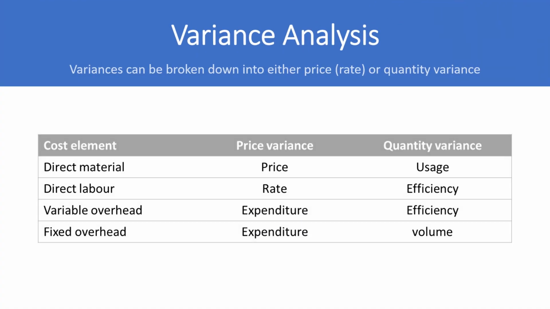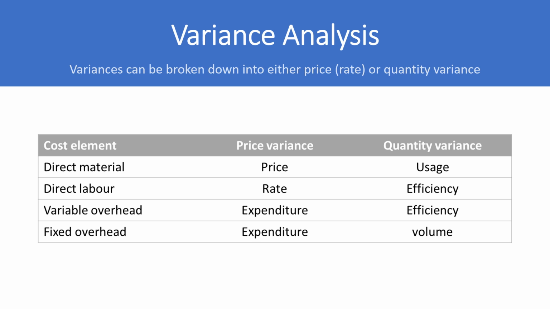Okay, from this table, you can see the variances can be broken down into price or rate, or quantity variances. As you can see, the cost element direct material price variance is based on price, and the quantity variance is usage. In terms of direct labor, the price variance identifies the rate, and the quantity variance is the efficiency.